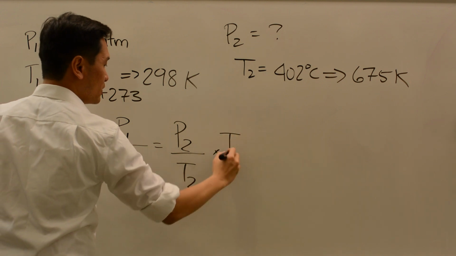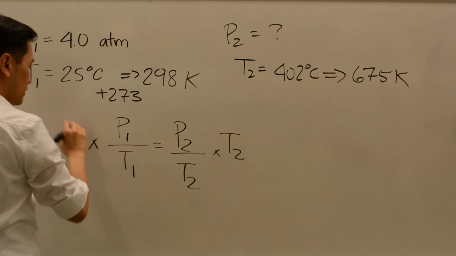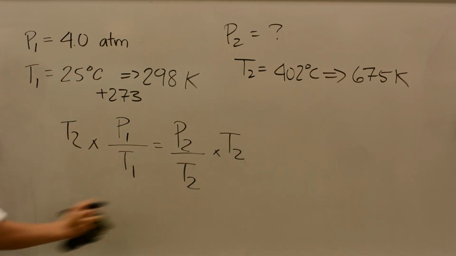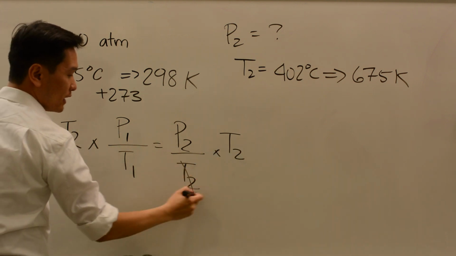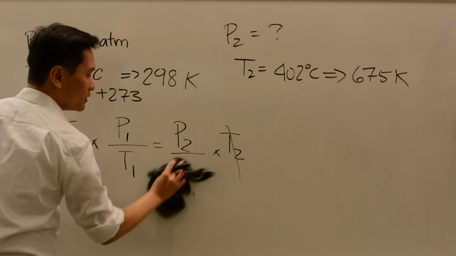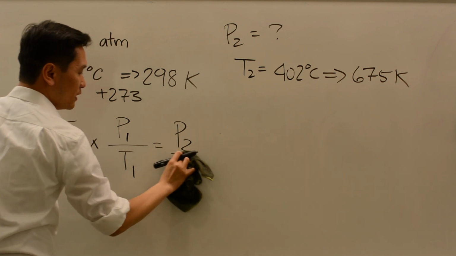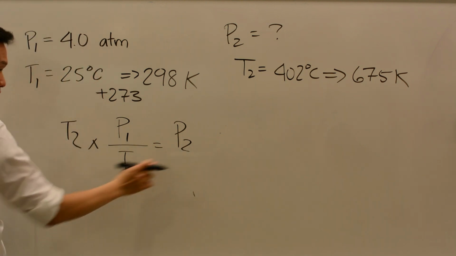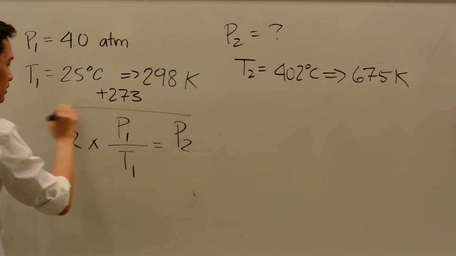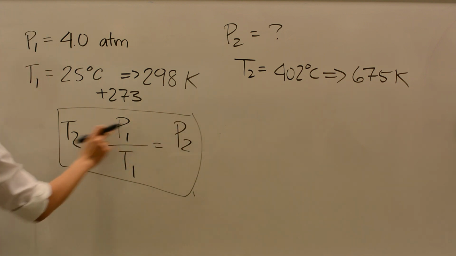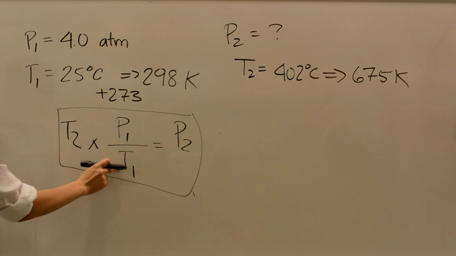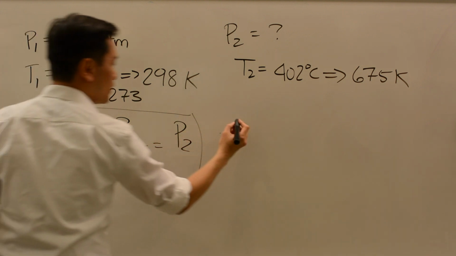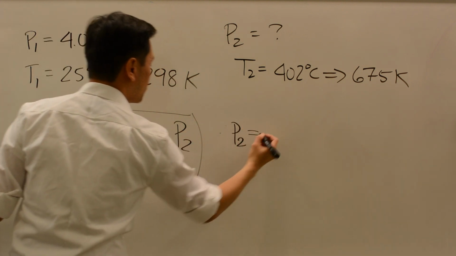Again, we need to isolate P2. To do that, we multiply both sides by T2. When we do that, notice that T2 and T2 cancel out, so you can erase them. Therefore, P2 is equal to P1 times T2 divided by T1. Now we just plug it in.